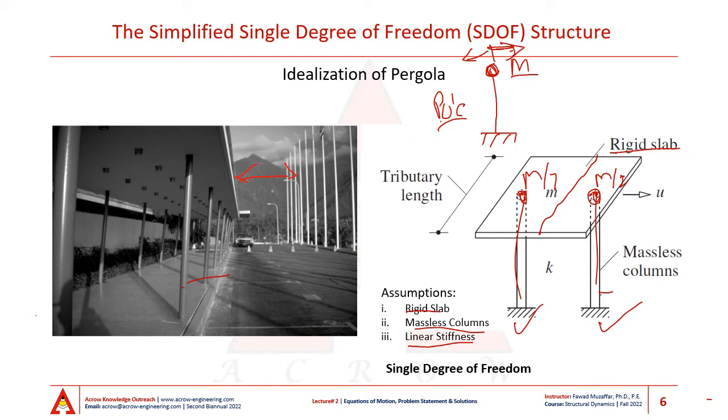So it can move either in this direction or in that direction. And since this is just a single, we just need a single translational degree of freedom to completely describe the system. This whole structure can be analyzed for dynamic effects using a single degree of freedom system.